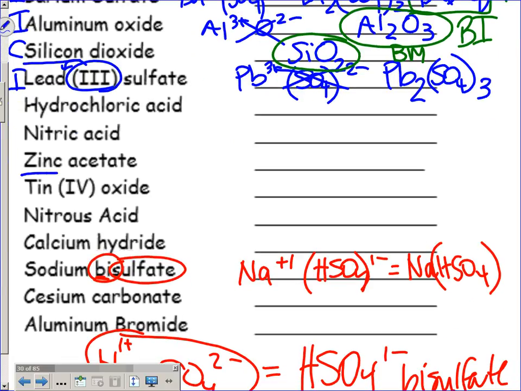So zinc is a transition metal, right? There is no Roman numeral after it. You must memorize zinc's charge. The representative metals have 1+, 2+, 3+, and so forth. But zinc doesn't have a variable charge like a transition metal normally does. And I remember it by saying Z looks like a number 2, okay? So Z looks like a 2, right? So zinc's charge is 2+.